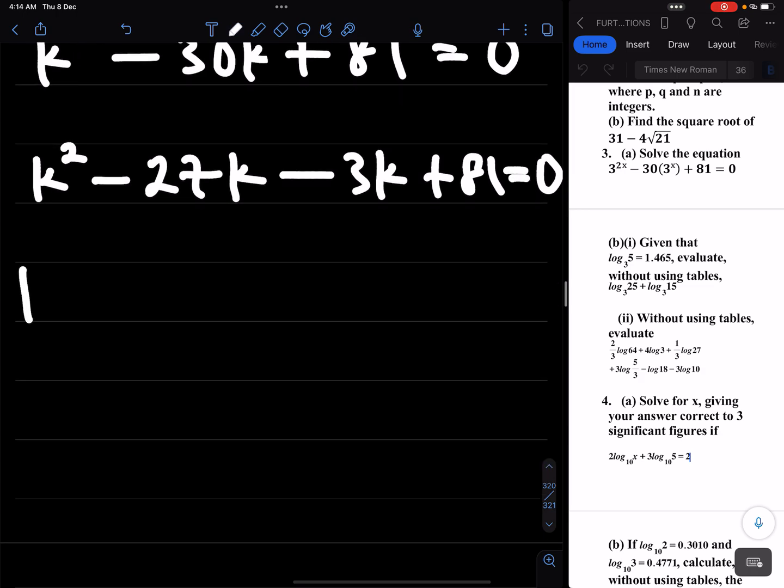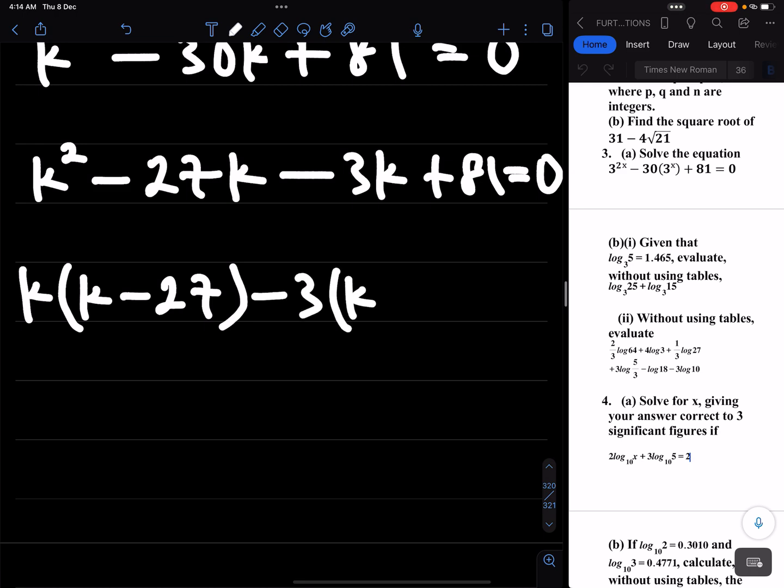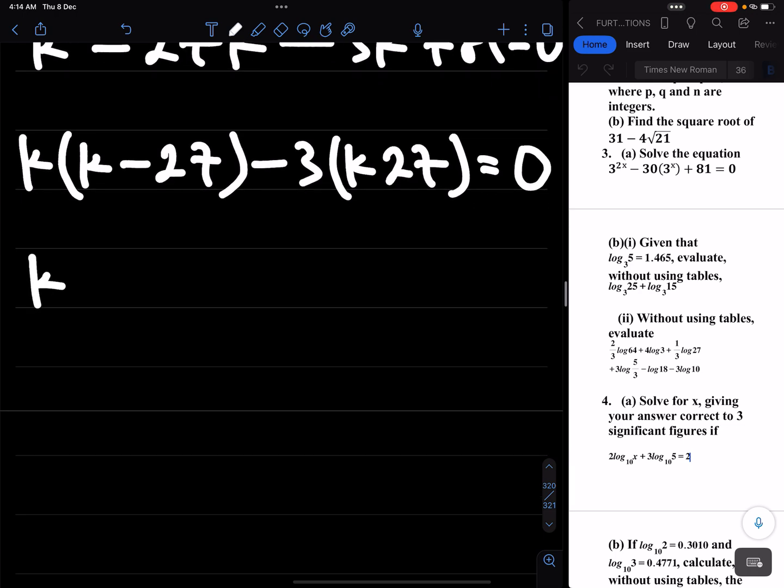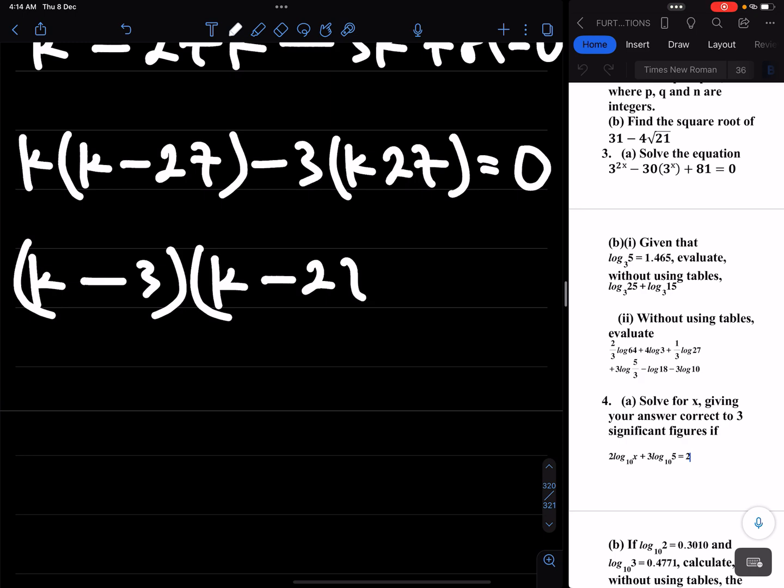And that's simply k into bracket k minus 27 minus 3 into bracket k minus 27 equals 0, which means k minus 3 times k minus 27 equals 0.